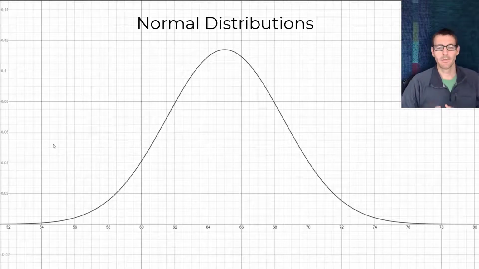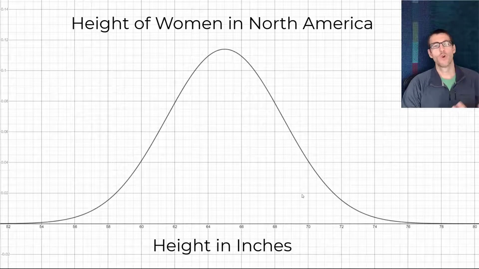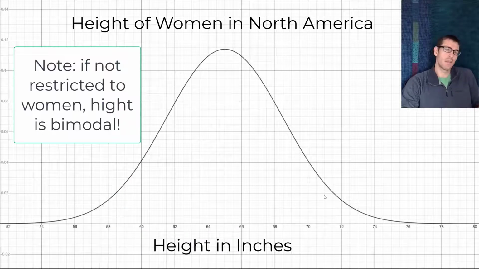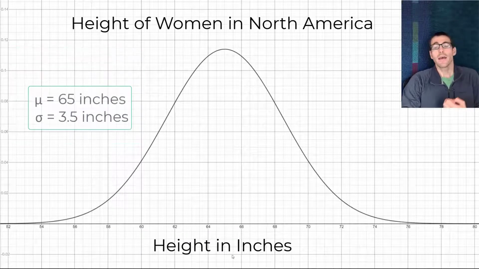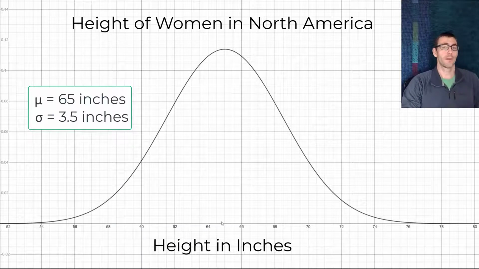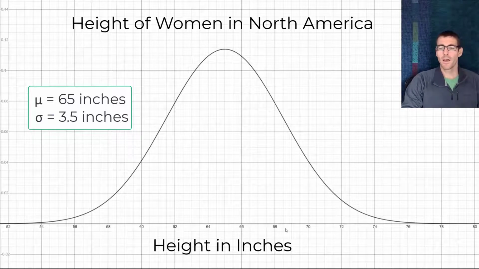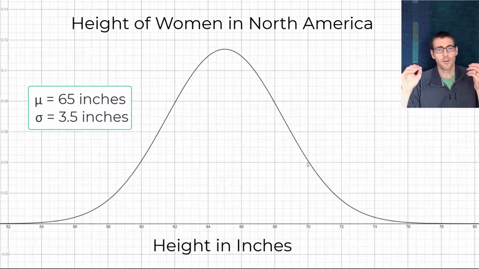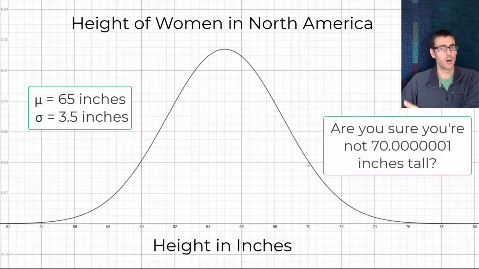Okay, let's take an example. Here we have a normal distribution representing heights of, I believe, women in North America, which has a mean of 65 inches and a standard deviation of 3.5 inches. If I were to ask somebody how tall they were, and they responded, oh, I'm 5'10", in other words 70 inches, they don't mean that they are 70.000000000 inches tall.